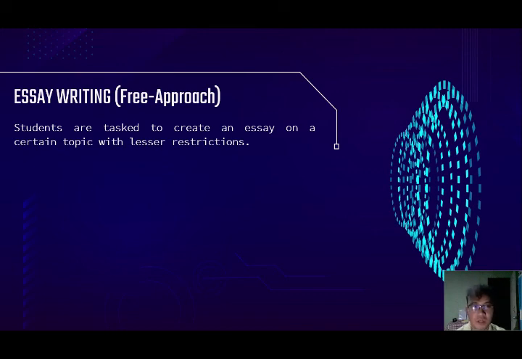Take note that the free approach is now focusing on fluency. This allows the students to think more and to apply more words or terminologies in their writing. However, it doesn't mean that when you're only focusing on fluency, you're going to forget accuracy.